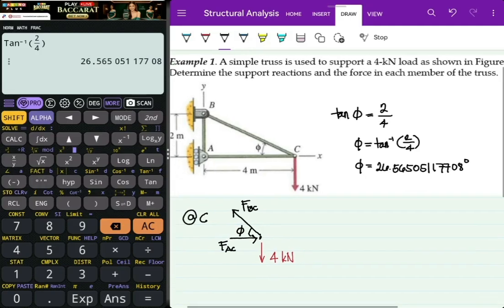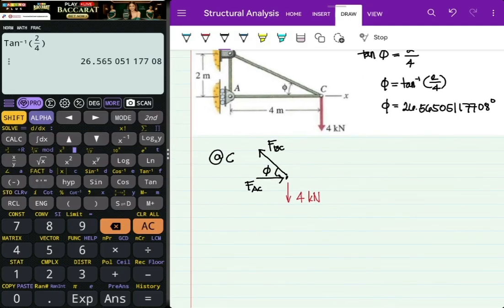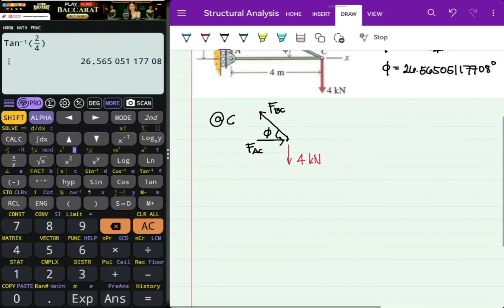Okay, now we can solve for force BC and AC, having calculated our angle phi. So we'll use our equilibrium equation, that is summation of forces y is equal to 0, assuming going up is positive. Now it is ideal that we start with summation of forces y.